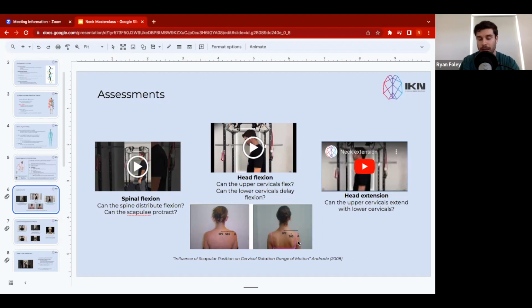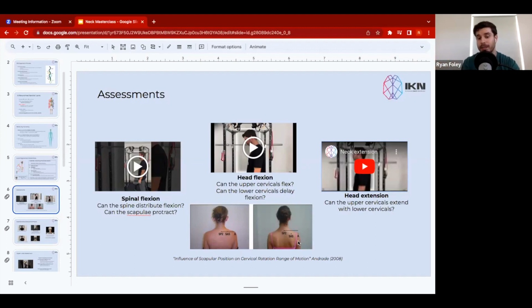We also kind of discussed this as well. And a lot of people will look at the position of the scapula, for example, to get an idea of the behavior of the scapular muscles that connect into the cervical spine. Again, I think that is important if our approach is to restore some variability to the muscular tissues that connect the scapula to the cervical spine and the cranium.